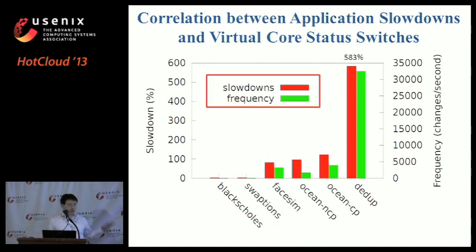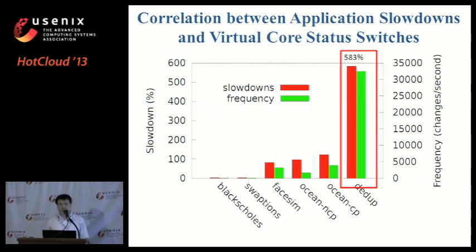We show the slowdown with red bars and frequency with green bars. As we can see in this figure, there appears to be a strong correlation between application slowdowns and the frequency. For dedupe, its execution is slowed down by the largest percentage.